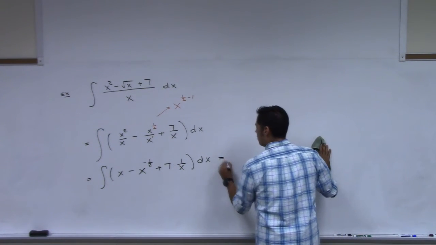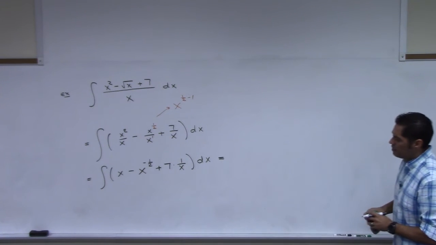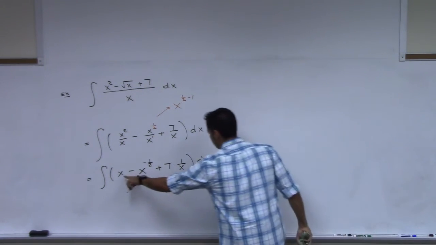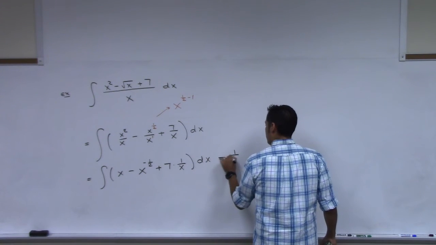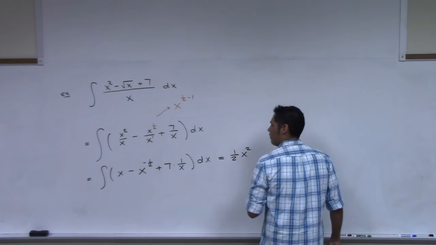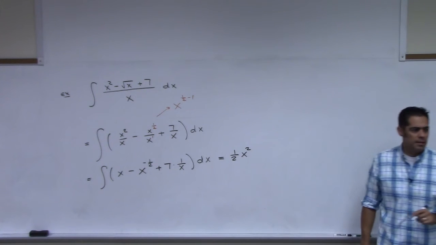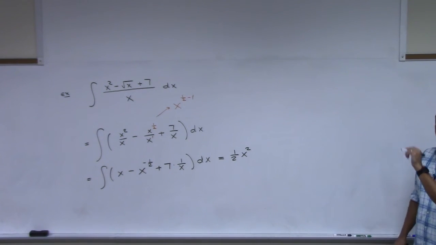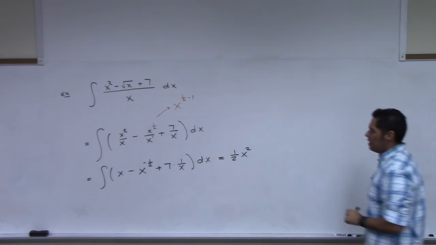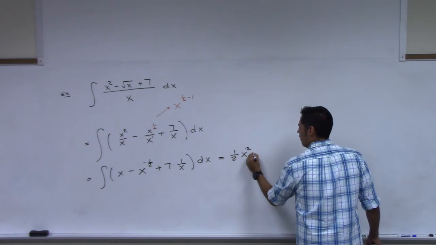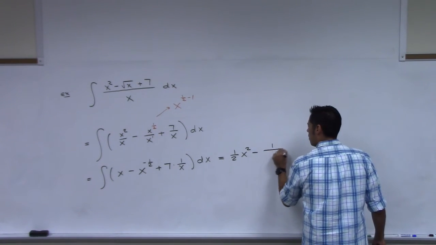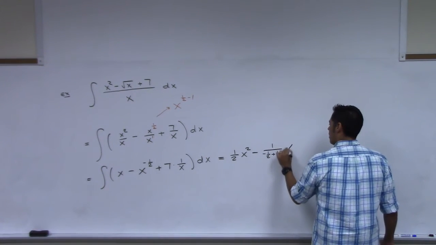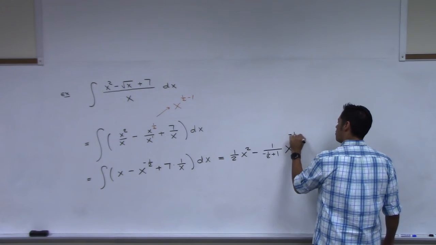So this equals, no more integral sign, antiderivative of x is 1/2 x squared. Right? You're going to take the n is 1 there, so you go 1 over 1 plus 1, x to the 1 plus 1. And then on this next one, let me go into more detail. I'll have minus, and then I'm going to have 1 over negative 1/2 plus 1, x to the negative 1/2 plus 1.